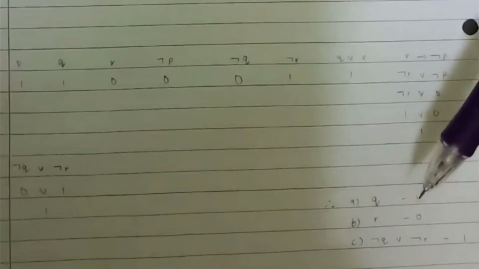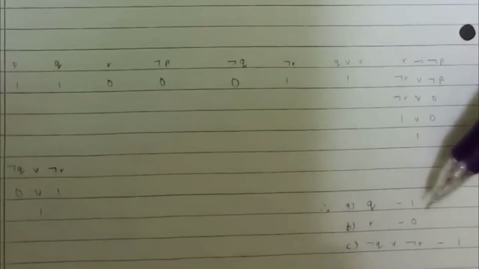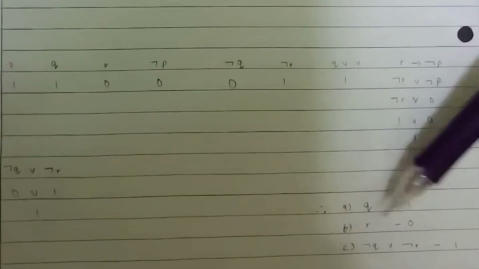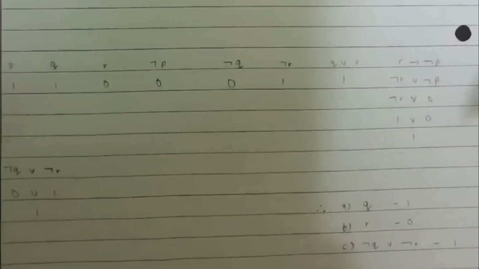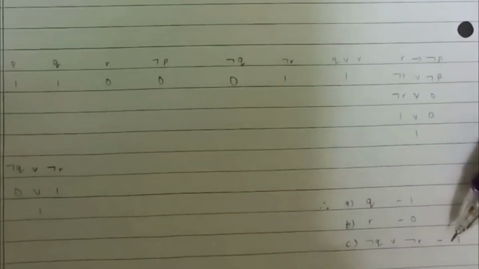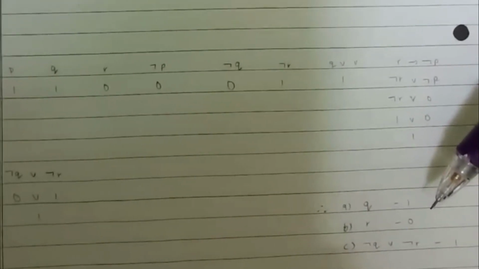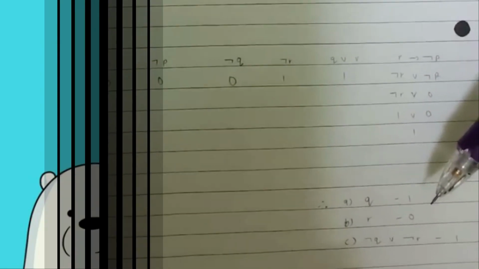Okay, therefore for question A, Q is 1, that's a true statement. R is 0, that's a false statement. And for C, not Q or not R is 1, that is a true statement. That's all from me.